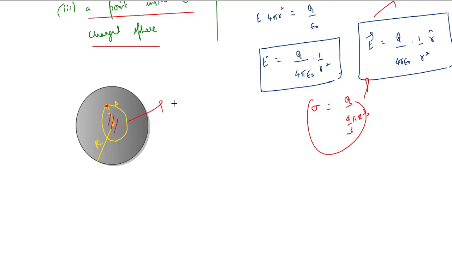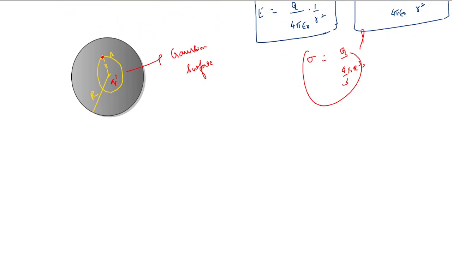So this would be the Gaussian surface for us. The contribution to electric field is not the total charge, rather it is only that charge which is part of this imaginary sphere. We will call the charge in this region Q dash.